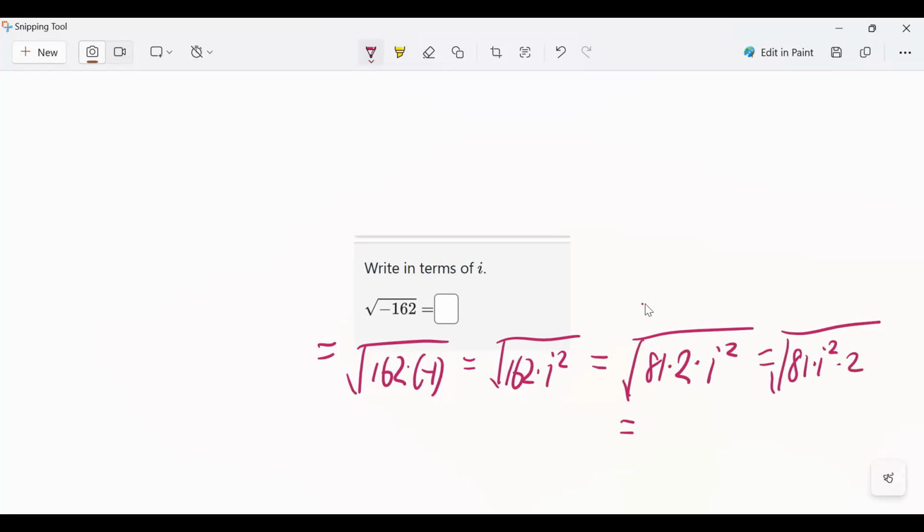So you get radical 81 is 9, radical i squared is i, and then radical 2 remains under the root. It's 9i radical 2, but usually we write it as 9 radical 2 i. So I guess we can keep it as this and just get to this answer directly without rearranging. 9 radical 2 i.